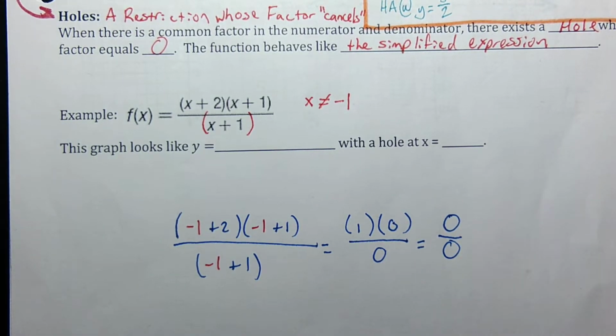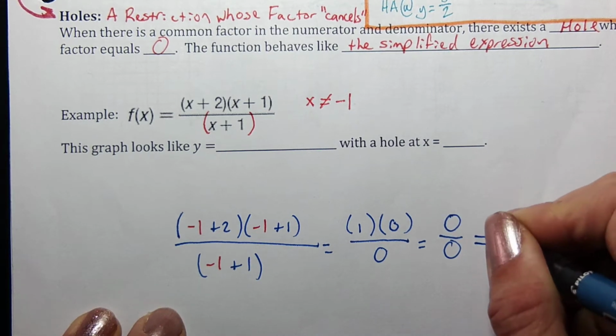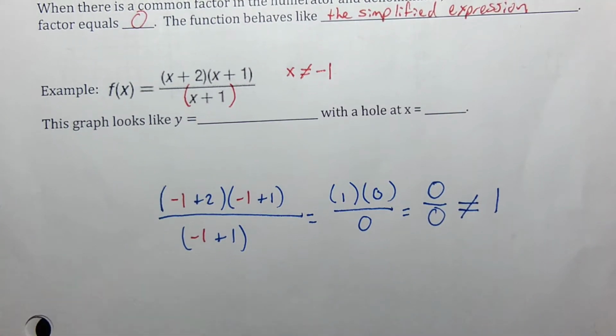Now, usually, any number over itself, whether it's 4 over 4, 0.5 over 0.5, a third over a third, what do those normally equal? 1. So, any number over itself equals 1, except for 0. 0 over 0 does not equal 1.